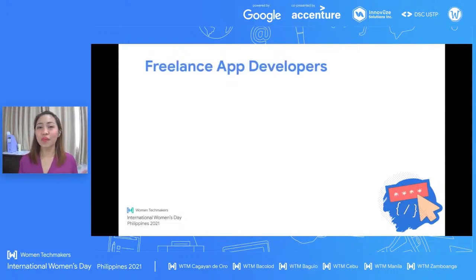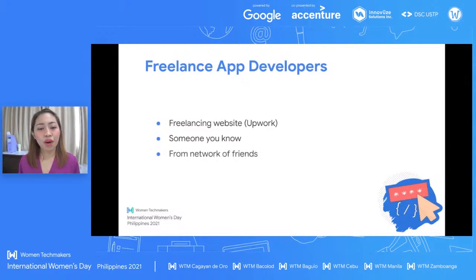Okay, so if you don't want companies, you can hire freelance app developers or freelancers. You can find these freelancers from freelancing websites like Upwork, or maybe you know someone that can code and you can give the app idea and your design to them, and then they will code it for you. Or maybe from a network of friends. Just be careful with the freelancers.